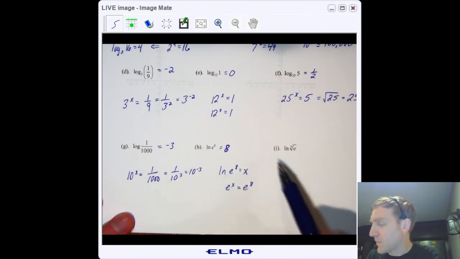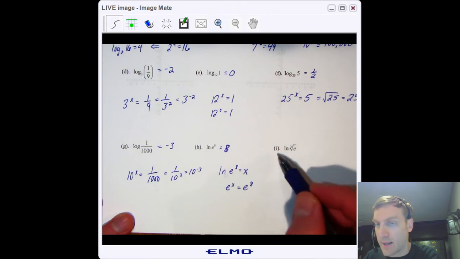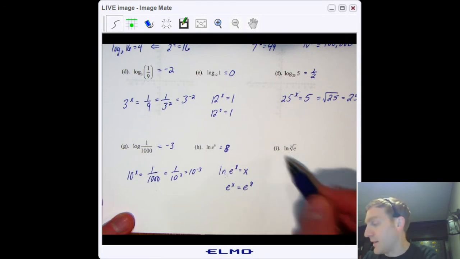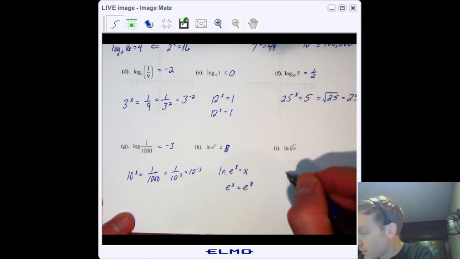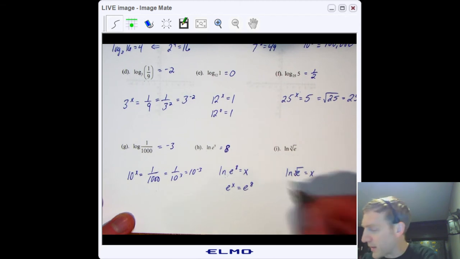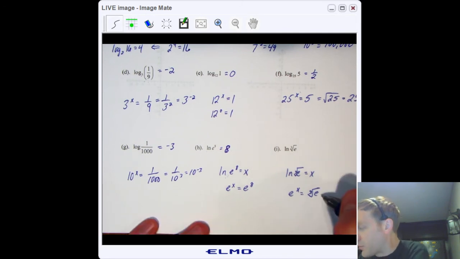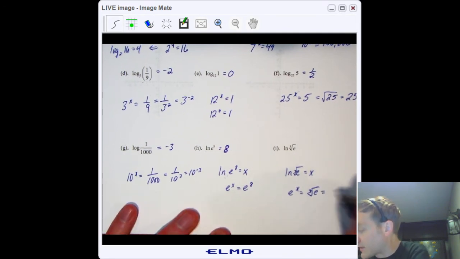All right, last one. Similarly, this one also has a base e. A lot of times we'll see ln with the base e because ln means log base e. So ln of the cube root of e equals x. So I want to write e to the x as the cube root of e. Well, just like I did above, anytime you have a radical, let's write it as a fraction exponent.